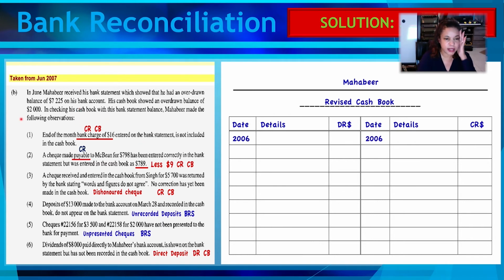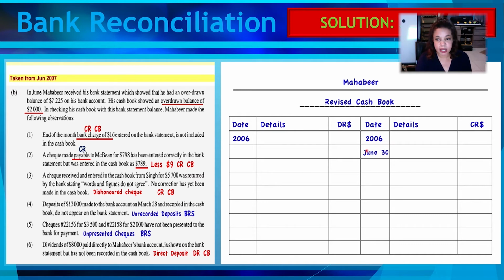I think they had it somewhere. So you start with your balance and you look at the information, and you saw that the balance was an overdrawn balance of $2,000 for the cash book. Overdrawn meaning it's a bank overdraft. So which side are you going to put it on? It's going to be the credit side, because it's an overdraft.